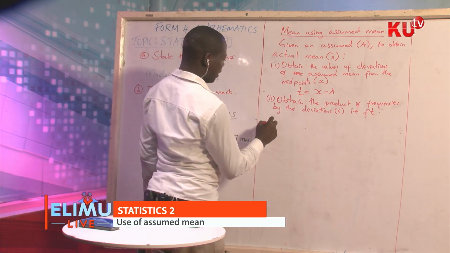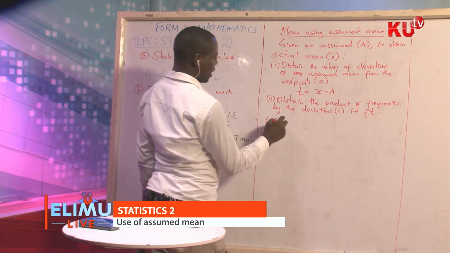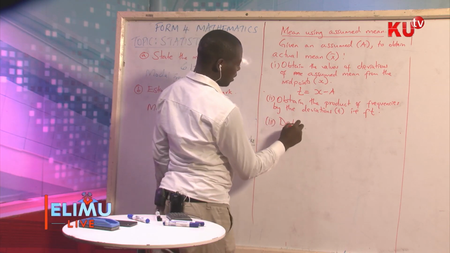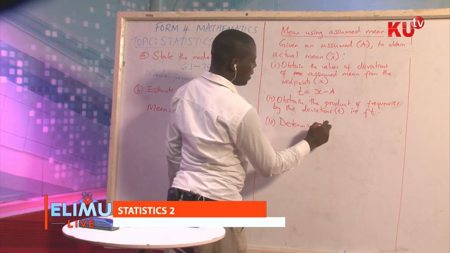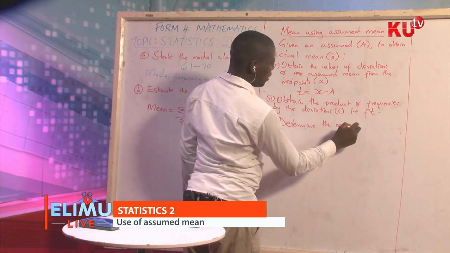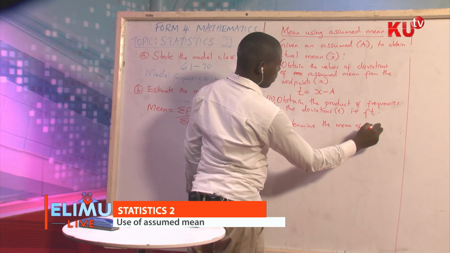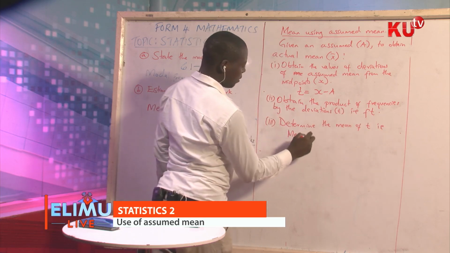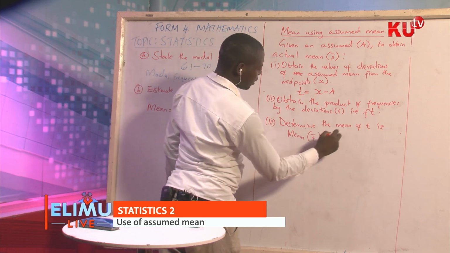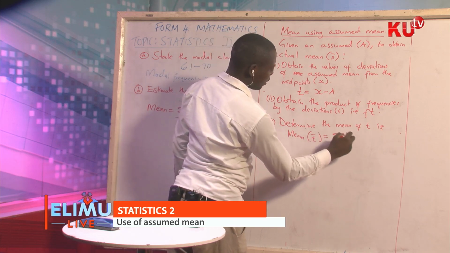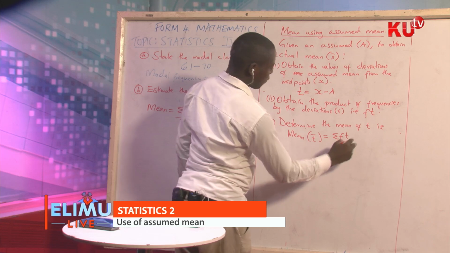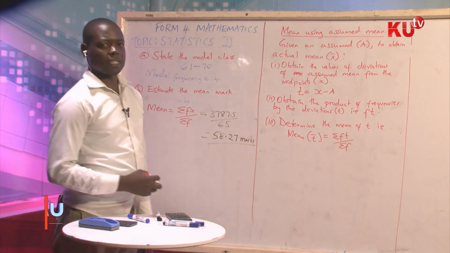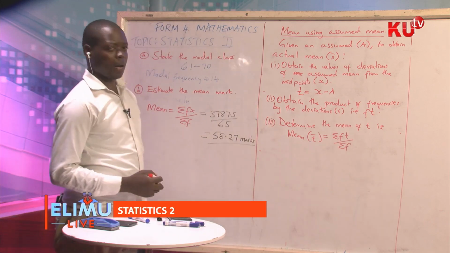And step number 3, students, we shall now determine the mean of T. That is, the mean of T is the sum of Ft over the sum of F. The sum of Ft over the sum of F.